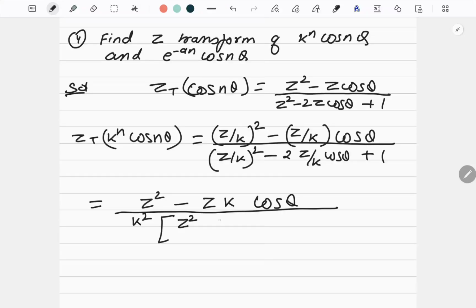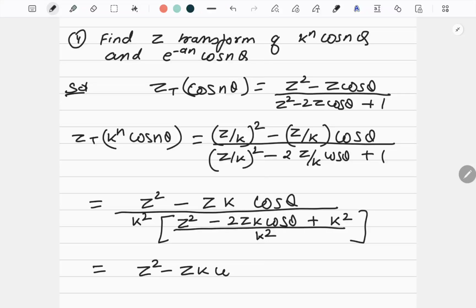So z square minus 2zk cos theta plus k square upon k square, which is the LCM. So this k square and k square get cancelled. So you got z square minus zk cos theta upon z square minus 2zk cos theta plus k square.